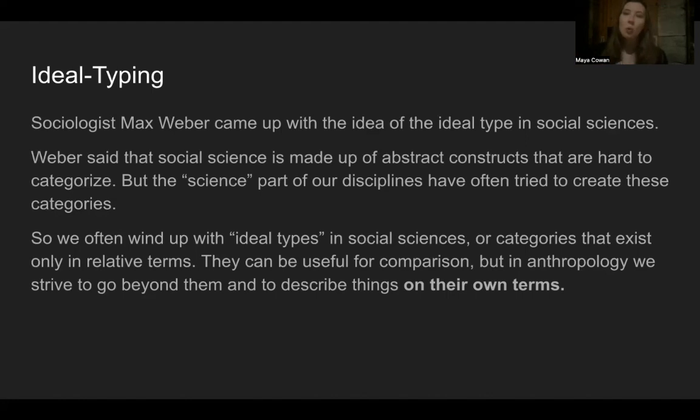And so a lot of times in social sciences, we wind up with these ideal types. These are categories that exist only in relative terms, right? We can't look at a society and call it a band unless we have other societies to compare it to, which we consider to be tribes, chiefdoms, or states. So they're really only useful in terms of comparison from one thing to another.